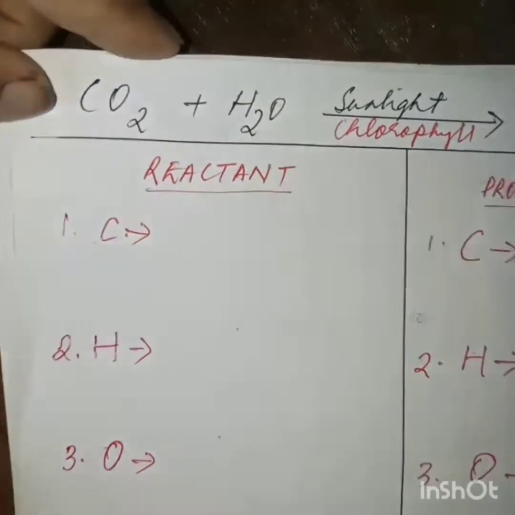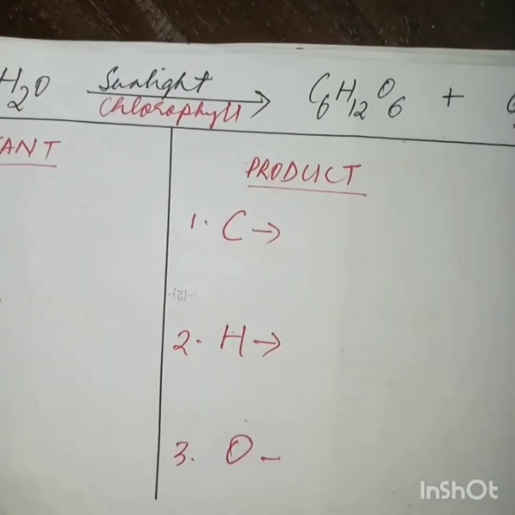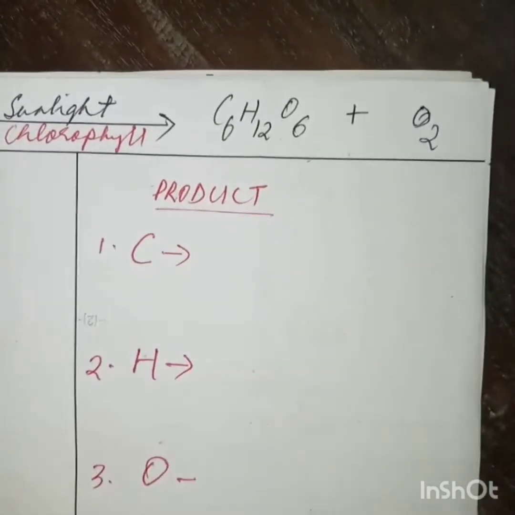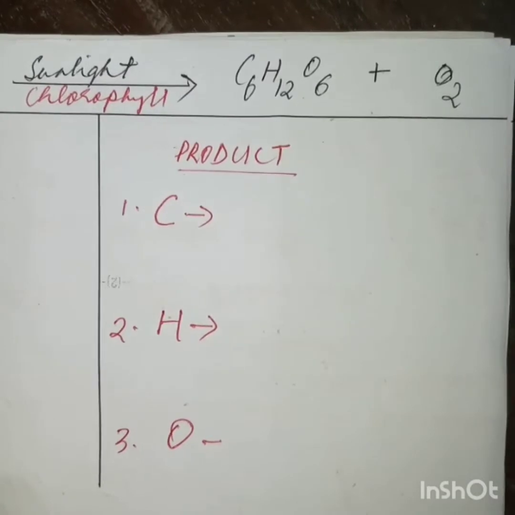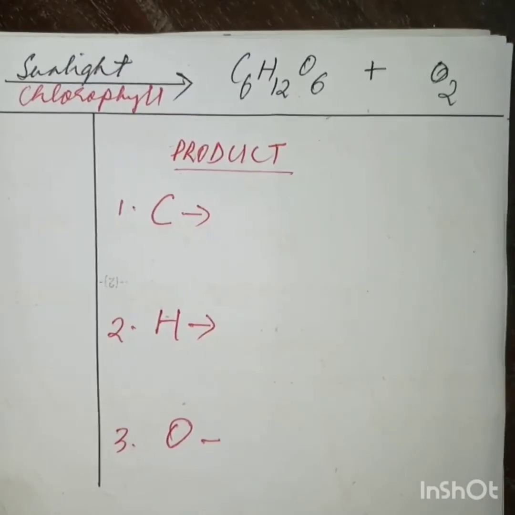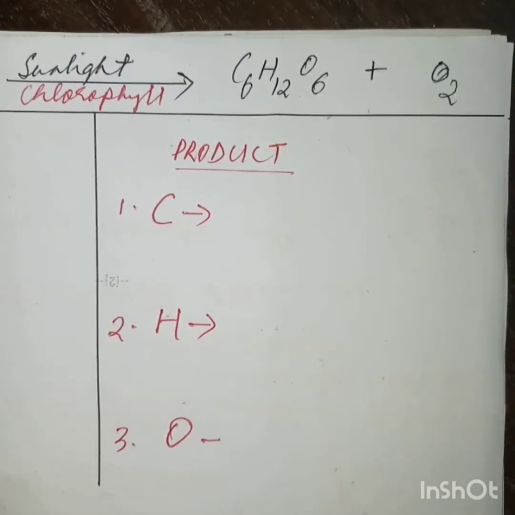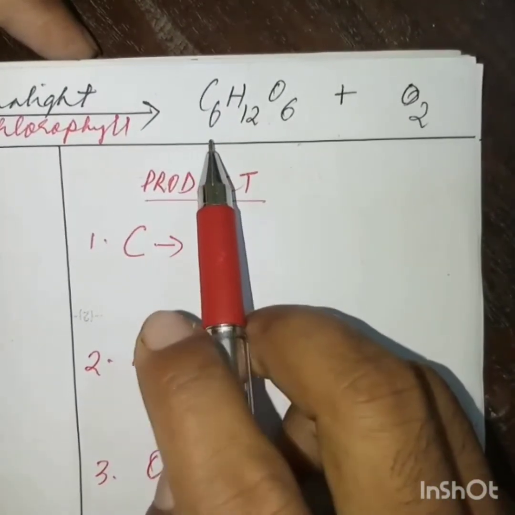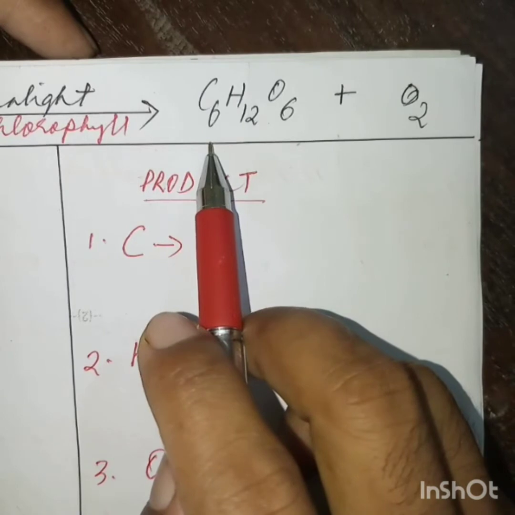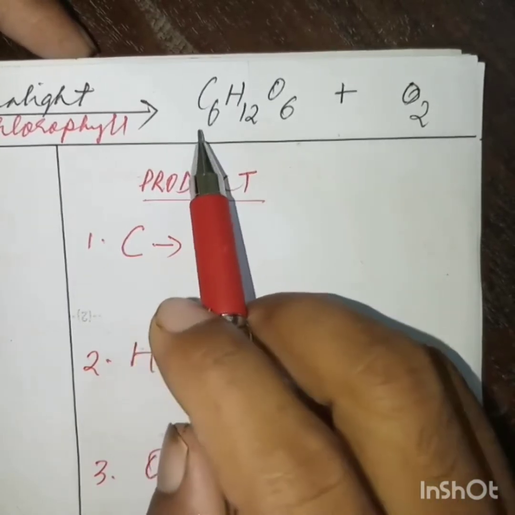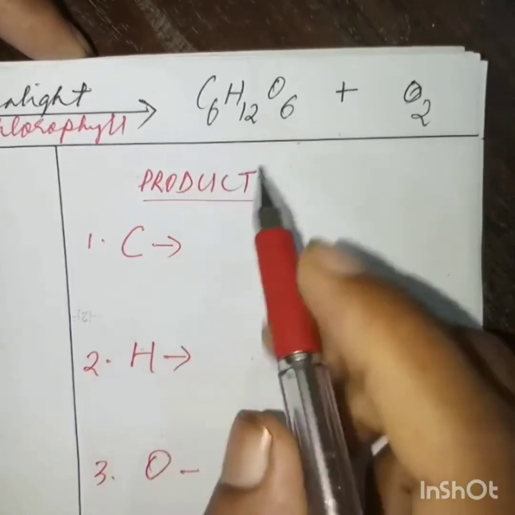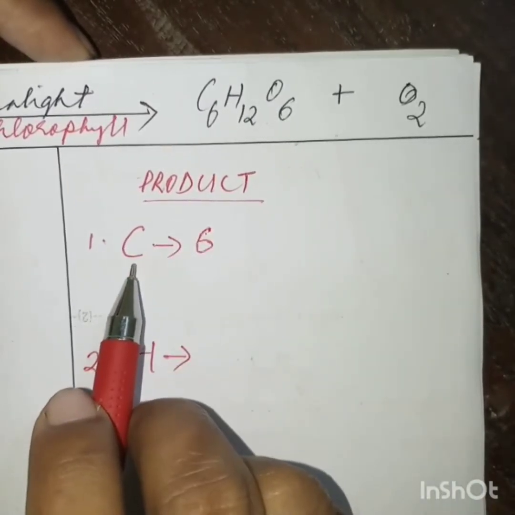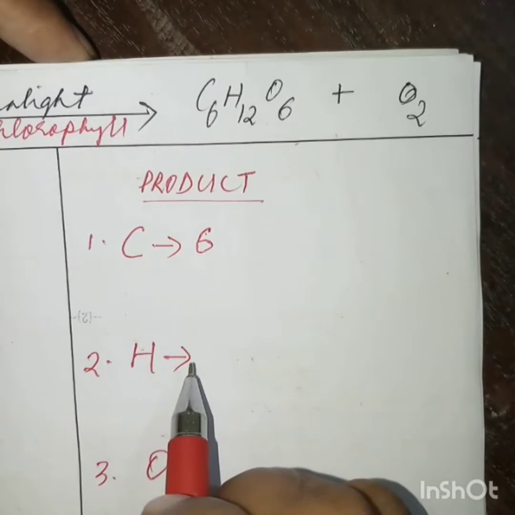Now let's begin from the right hand side. Why? Because glucose is a larger compound as compared to the rest. Now let's check. How many carbon atoms do we have here? We have 6. The subscript, C6, means 6 carbon atoms. And hydrogen, how much do we have?